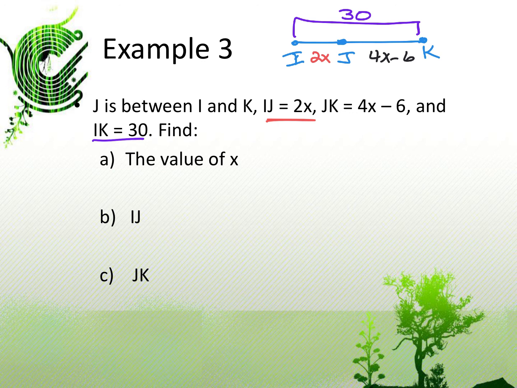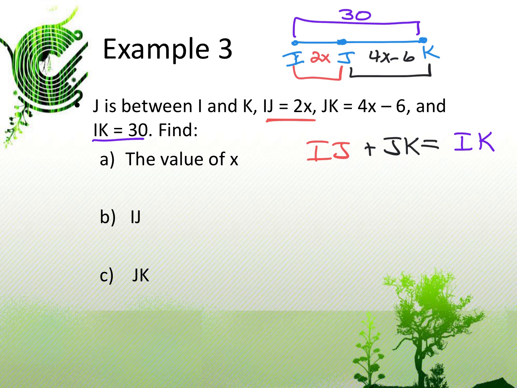So I'm going to be showing you that IJ plus JK equals IK. And I'm going to replace what was given to me. IJ is 2x, JK 4x minus 6, and lastly, IK is 30.